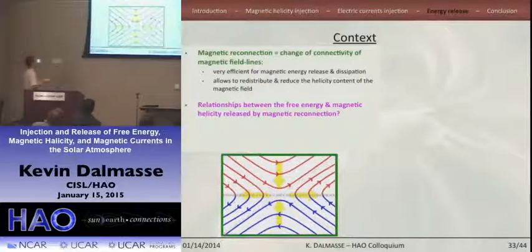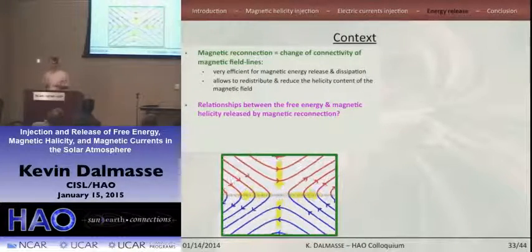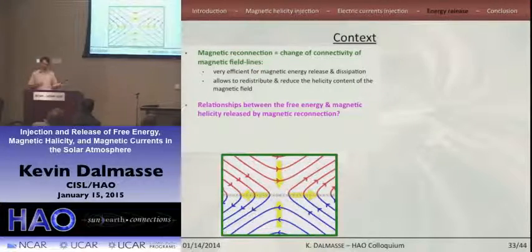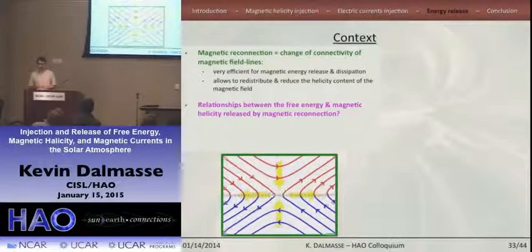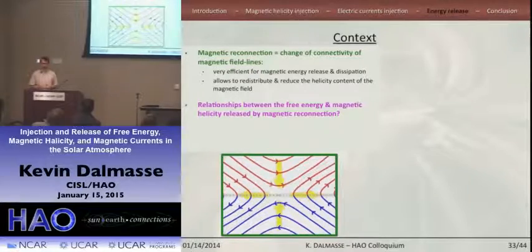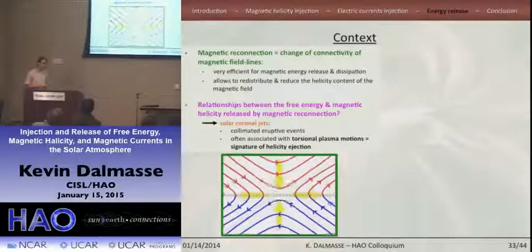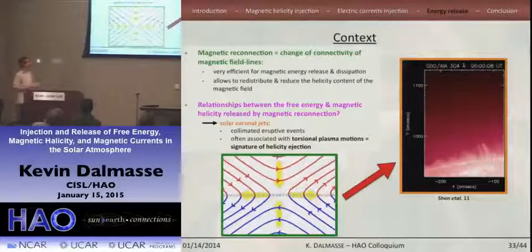So the question is: is there a simple direct relationship between the free energy and the magnetic helicity that are released by magnetic reconnection? We address this question in the context of solar coronal jets.